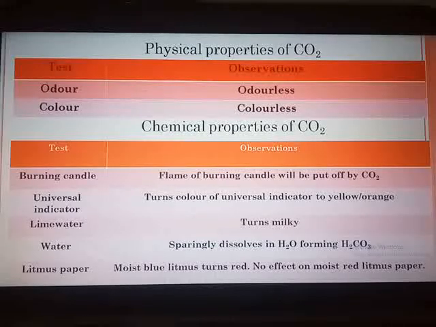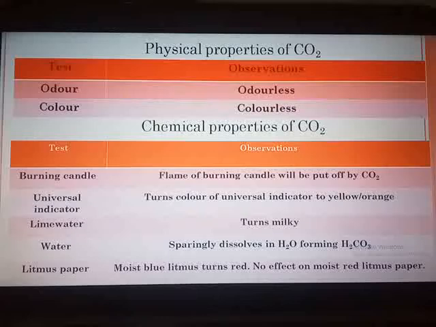And when blue and red moist litmus papers were immersed in the gas jars containing carbon dioxide, moist blue litmus turned red, whereas the red litmus paper remained unchanged.